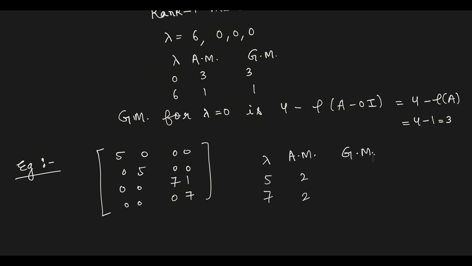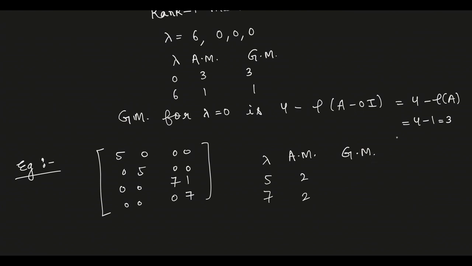What will be GM? Two. That means AM is 2 and GM is 2.